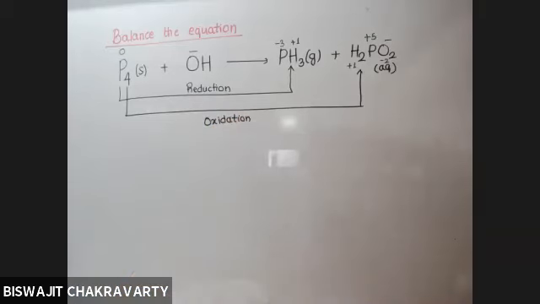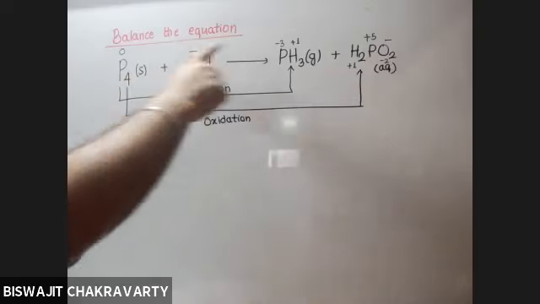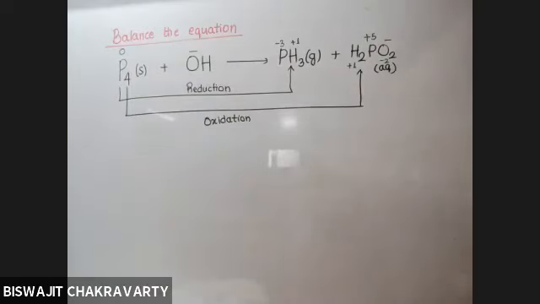Oxygen and hydrogen are not important to us. What is important is the one undergoing change, and phosphorus is undergoing change from the same reactant. It is the same phosphorus undergoing oxidation and reduction. Such reactions are called disproportionation reactions.